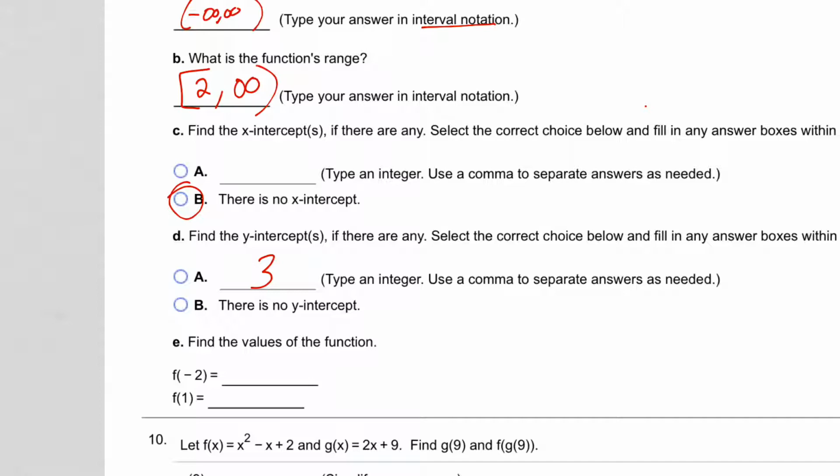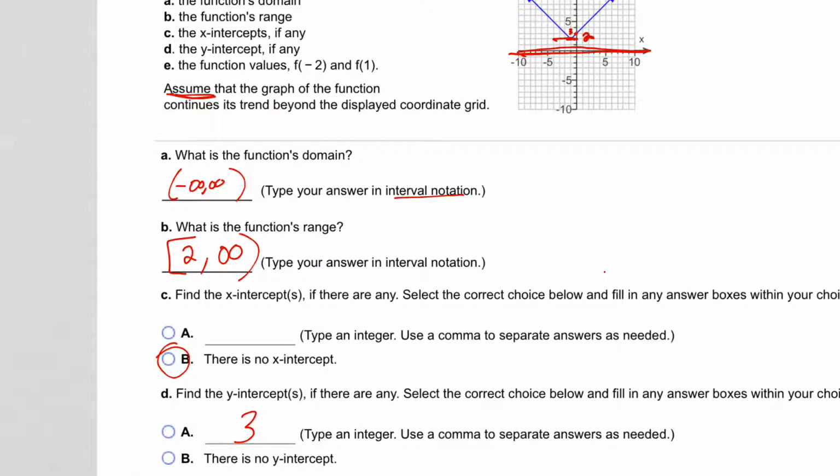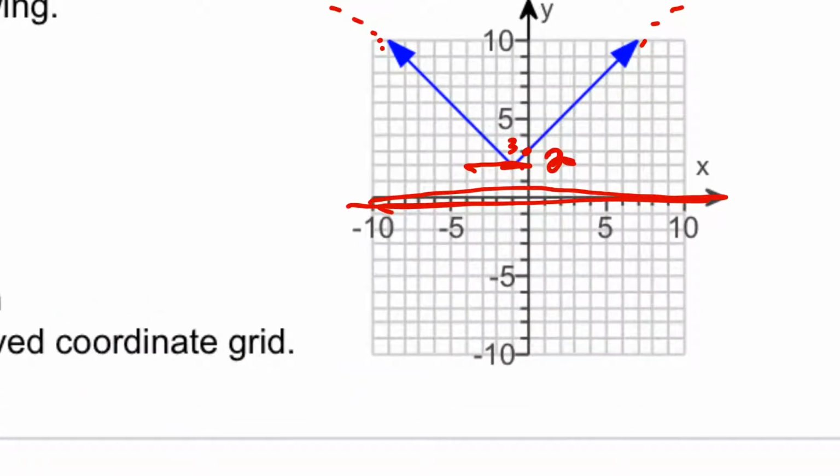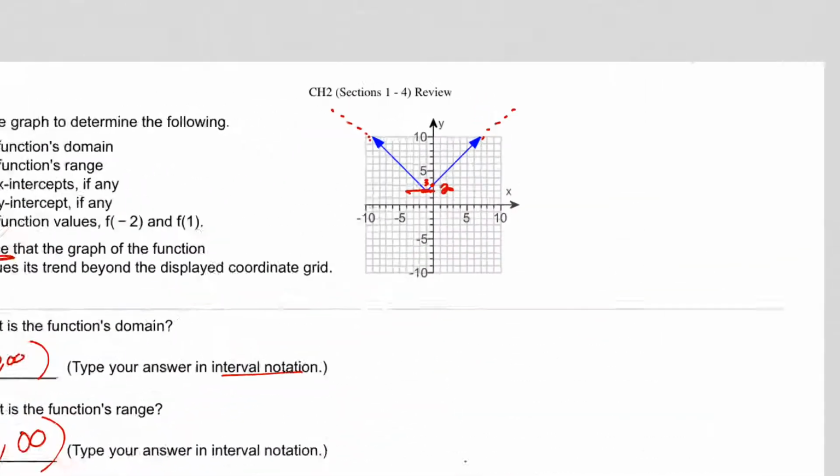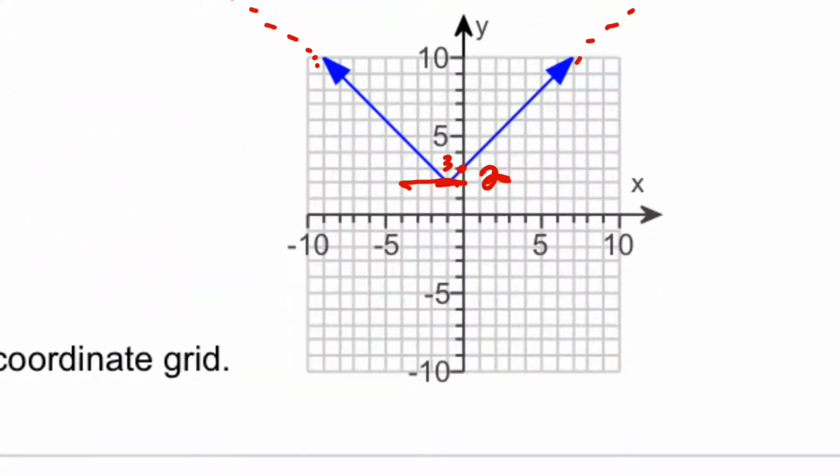Now, we're going to go to the locations of -2 for x and 1. So let's erase this, and let's check out -2 and 1. So -2 would be right here. So we're going to go up, and that's a 3.